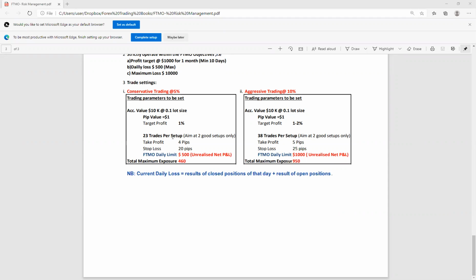In my calculation, we are targeting only 1% of 10,000. Remember, the profit target is 10,000 for the full challenge, so we need to spread the target over the period that we want to trade.